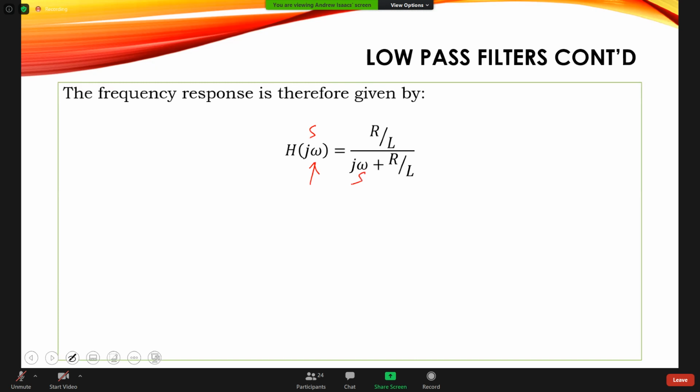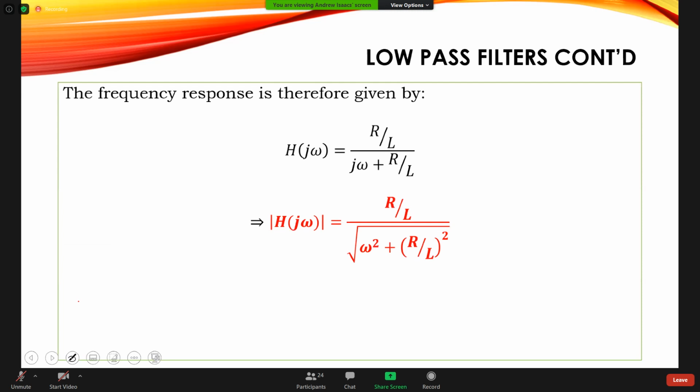But remember, they are connected. It's just that we are making sigma 0 in our analysis. So having said that, your H of j omega is still a transfer function, but now we are looking just on the imaginary plane.